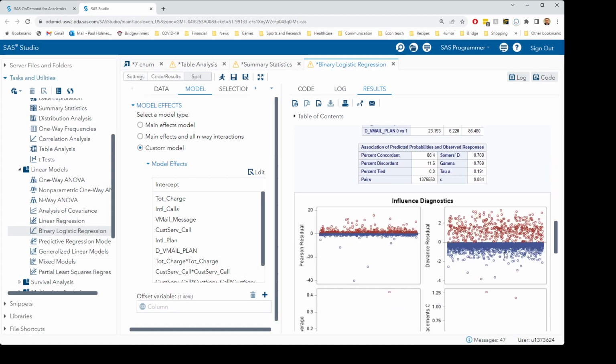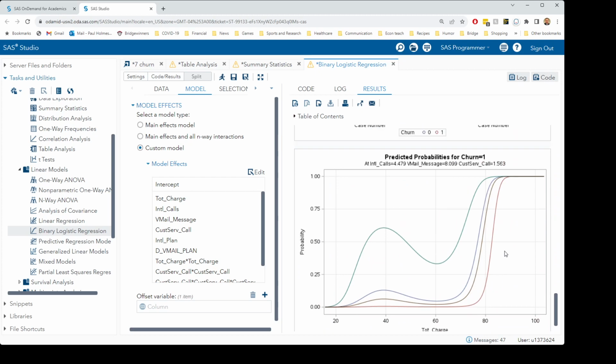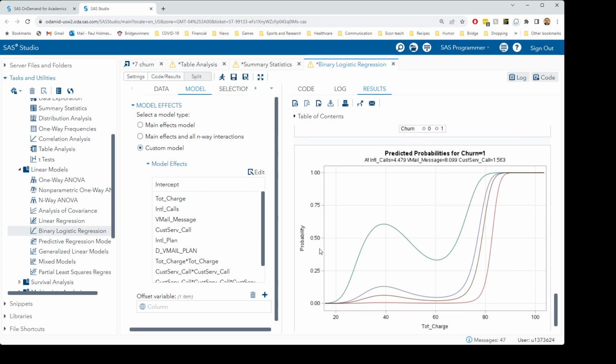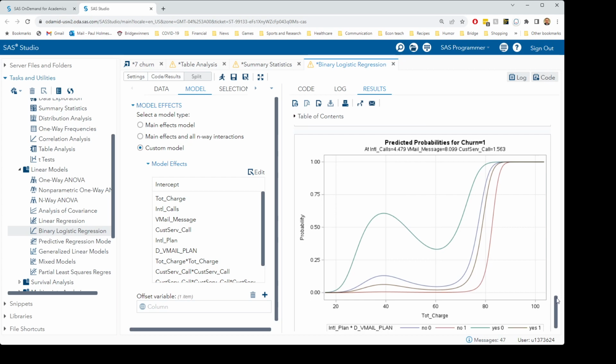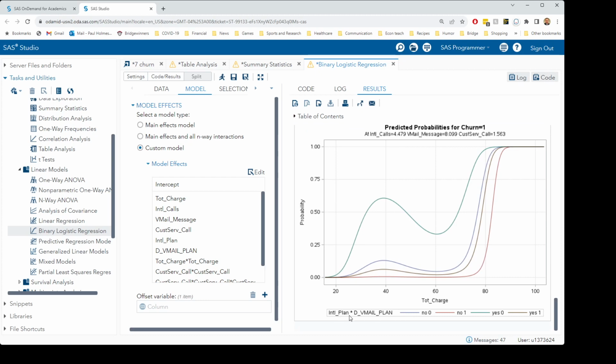So we'll scroll down to the bottom and see that graph for the effect of total charge on the chance of churning with all of our other continuous variables at their average levels. And we've got the same comparisons here for international plan and voicemail plan.